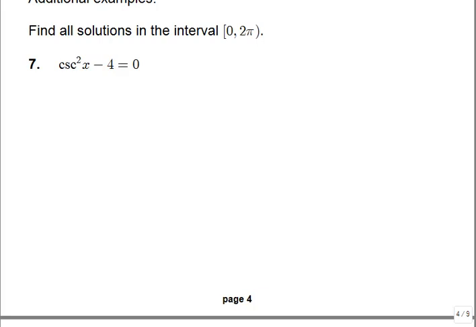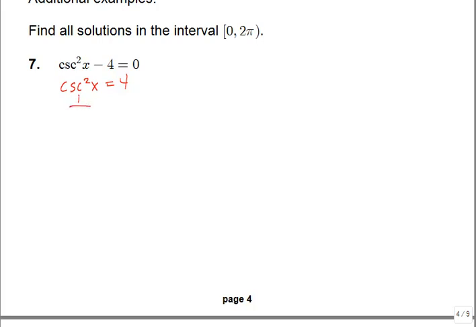Cosecant squared x minus 4 equals 0. So the first thing that we would probably try to do is isolate our trig function, just like we've been doing. And I could do that by adding that 4 over to the other side. Now, I personally prefer to rewrite this in terms of sines, because I don't like working with cosecants.